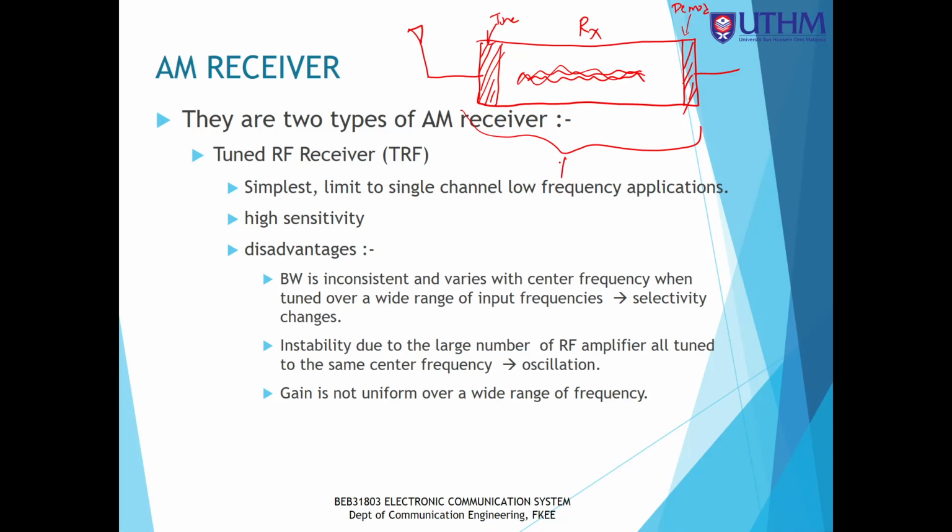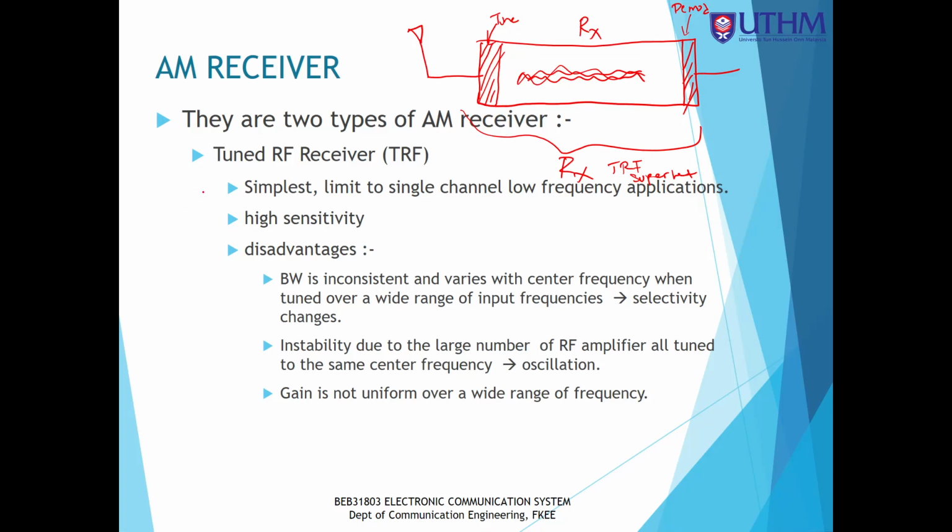Okay, this is a receiver. We have a TRF and we have a super heterodyne. The tuned RF receiver is the simplest type of AM receiver.